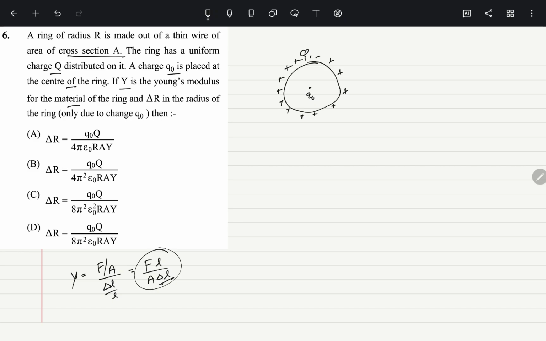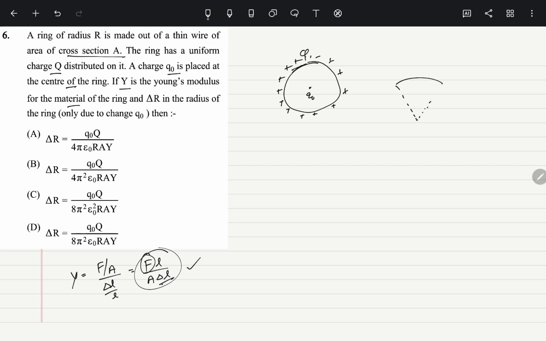That tension we have to calculate, and it will be acting along the length of the ring. So this tension will be our F. To apply this formula, we need to find the tension.